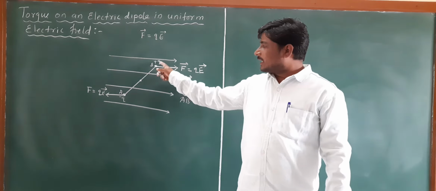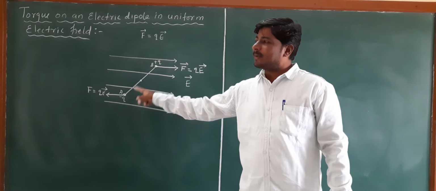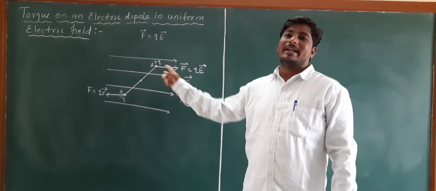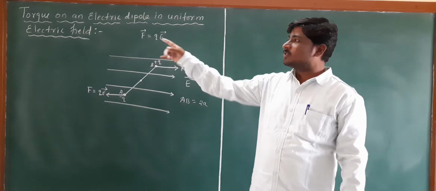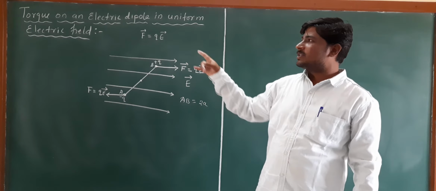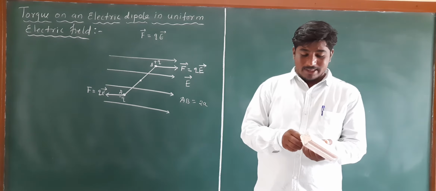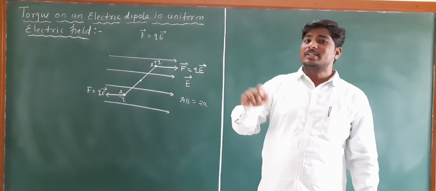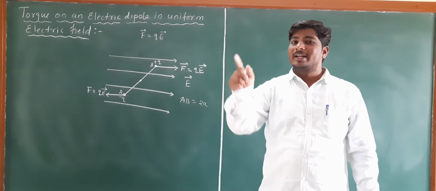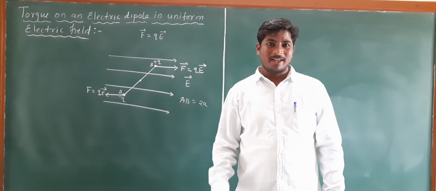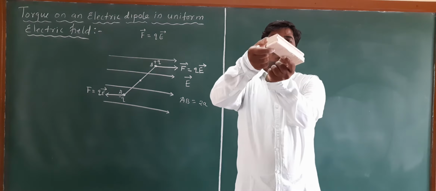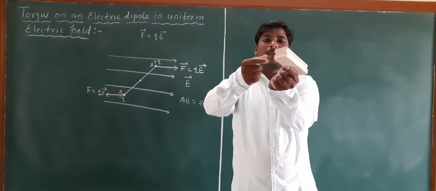So there are two equal unlike parallel forces acting at different points of action, which constitute the couple, and that couple is measured in terms of torque. So when torque is acting, this torque will tend to rotate the dipole. There is one force, and another force which is equal and opposite.